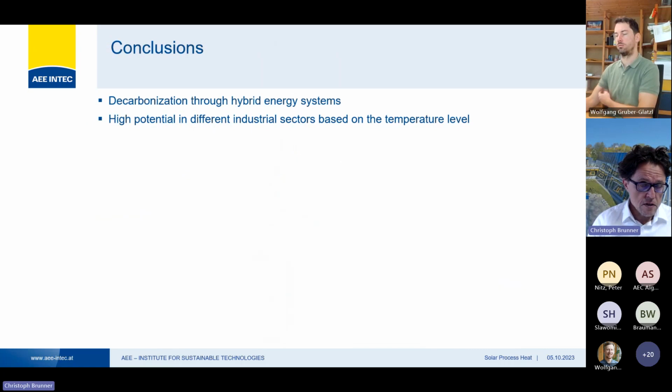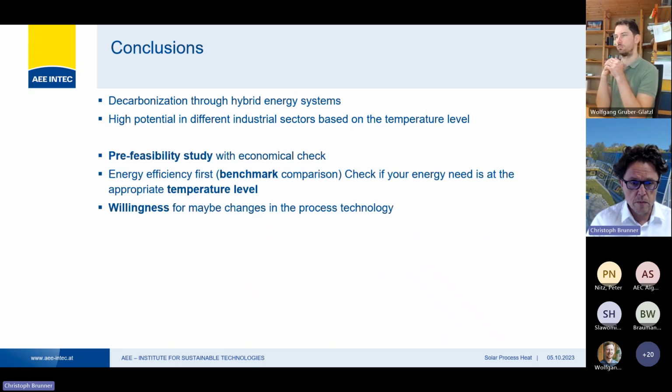Coming to my conclusions, summarizing: the decarbonization of industry will go only through these hybrid energy systems in the future, and there's a high potential in different industry sectors based on the temperature level. So this is a crucial point to know about the temperature level. It's important to have a pre-feasibility study, also with an economic check, to know where to integrate and which kind of technology makes sense.